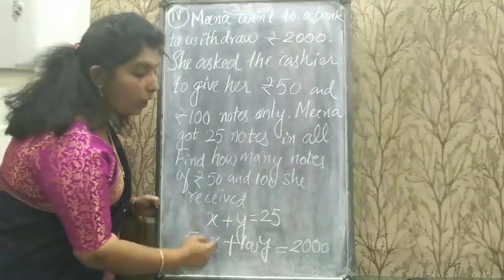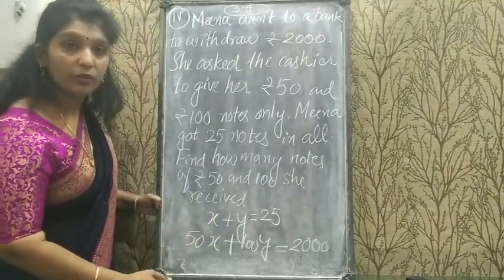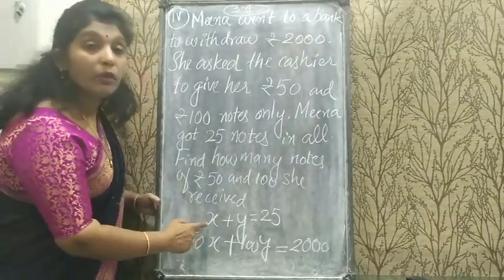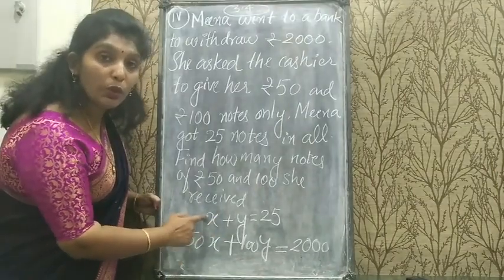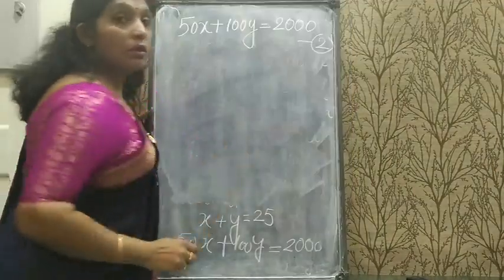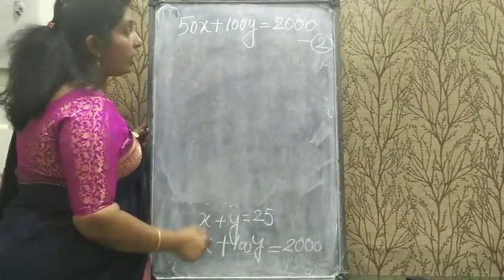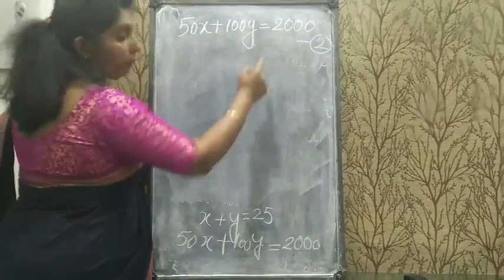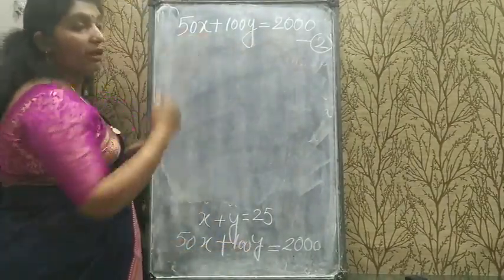So here we got two equations. Now we have to solve these two equations. The second equation is 50x plus 100y is equal to 2000.